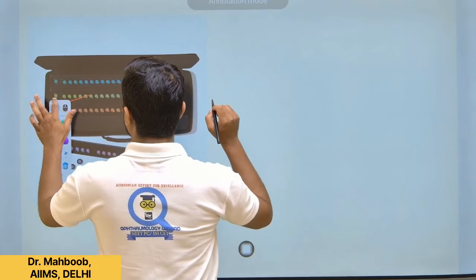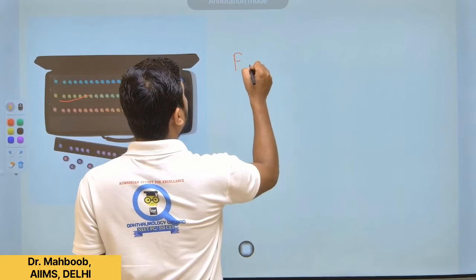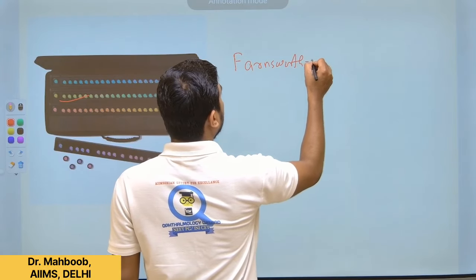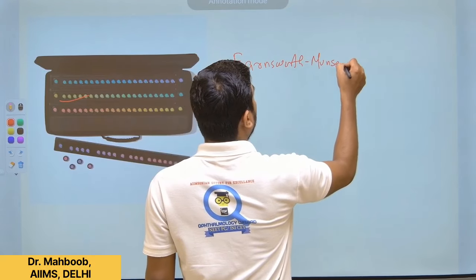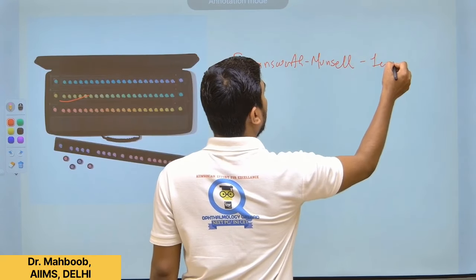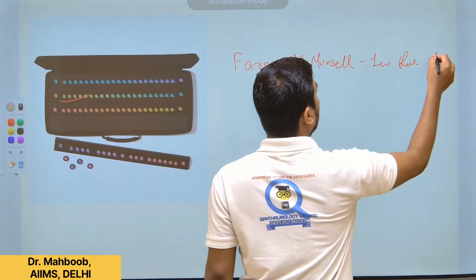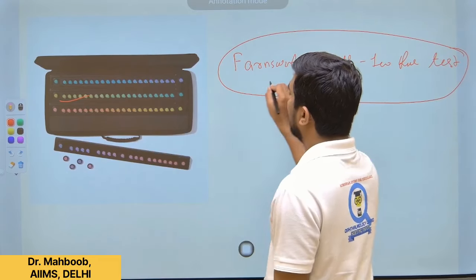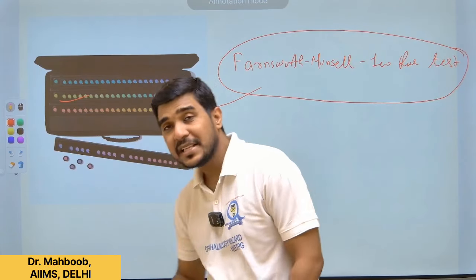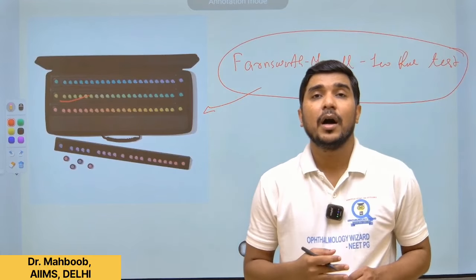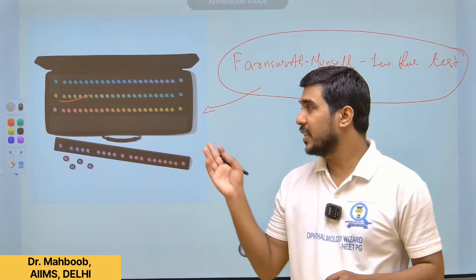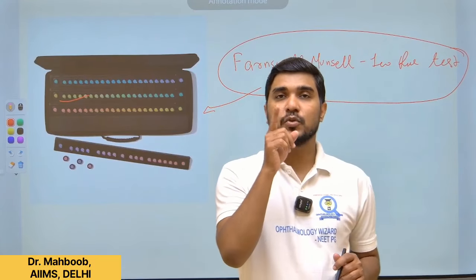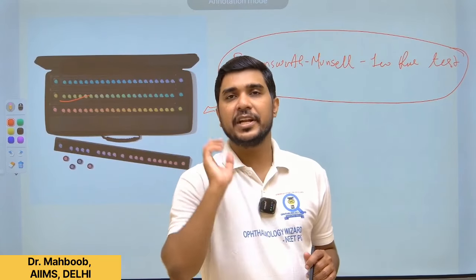This is called the Farnsworth-Munsell 100 hue test. There is another instrument like this only for testing color vision, the Farnsworth D15 test.